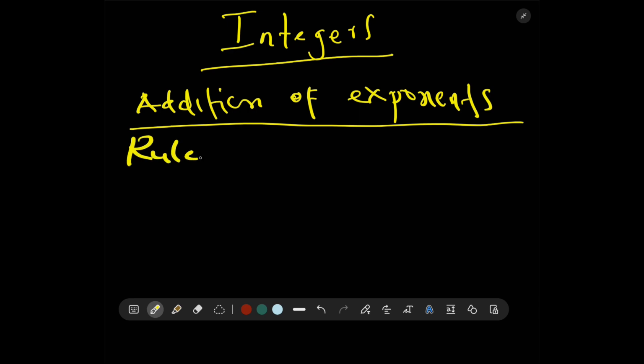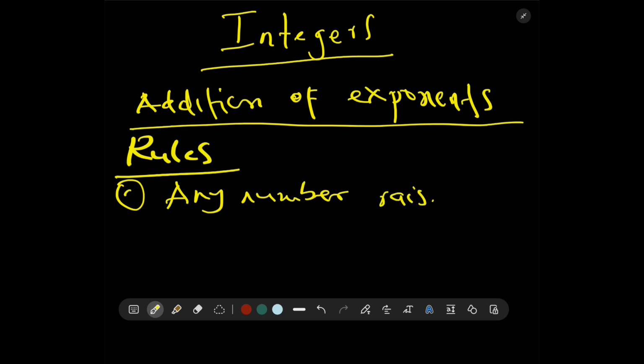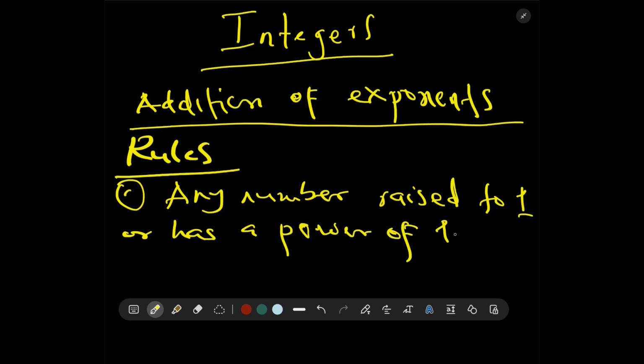Rule number 1 is that any number raised to 1, or that has a power of 1, will be equal to itself.